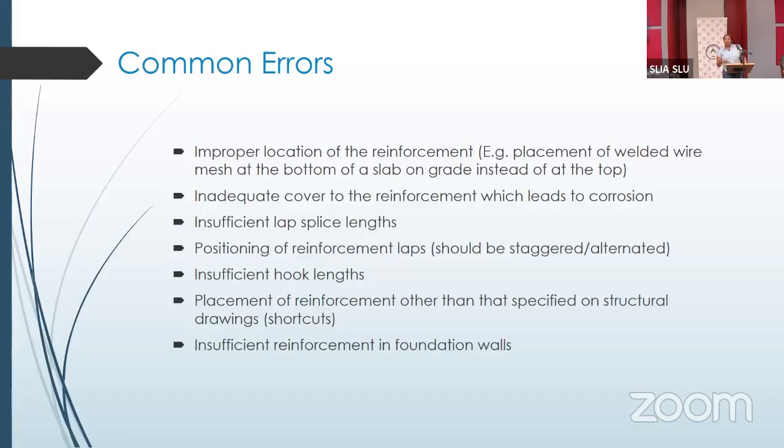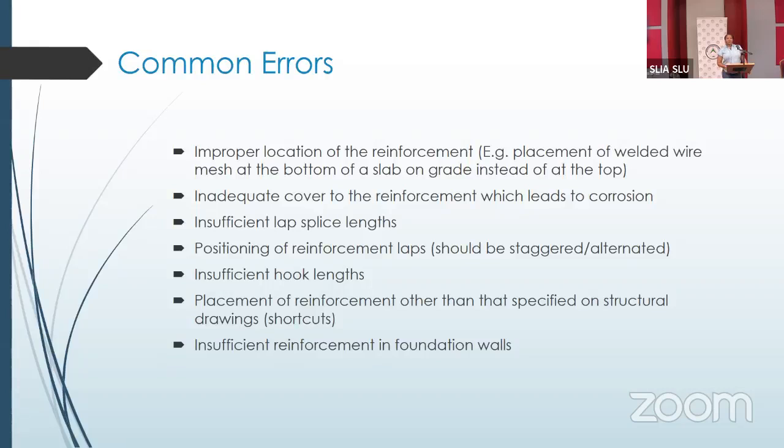And in some instances, you have contractors who try to cut corners, who, for the life of me, I don't understand why, because when we engineers come on site, we still have to inspect the reinforcement before you even pour concrete, which means it's going to cost you more. So when you take the shortcuts, you put less steel than you're supposed to, you space your reinforcement further apart than you're supposed to, when we come on site and inspect the work before you pour concrete, we are going to ask you to adjust it.